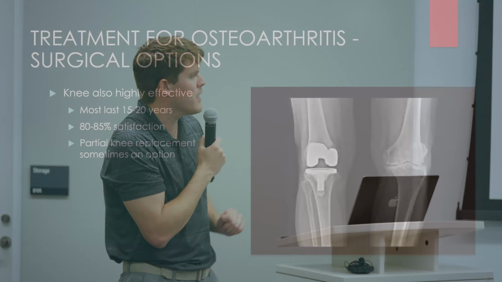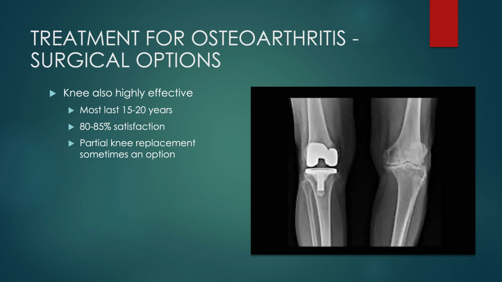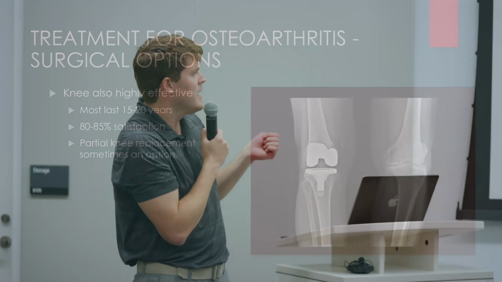In fact, some people will even say, I walked out of the hospital 2 days later in better shape than I was before I went in. Knee replacements are also highly effective, a little bit less in terms of the satisfaction from knees, but still very high satisfaction. 80 to 85% of people are satisfied after their knee replacement. And again, most last 15 to 20 years, similar to a hip.